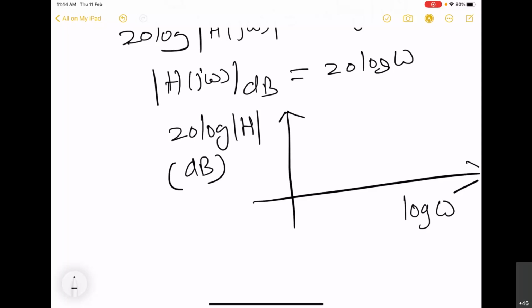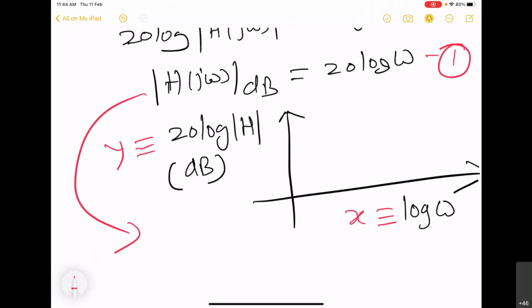Here you can see that this is equivalent to y, and this is equivalent to x. From this convention, we see that the equation we have obtained, equation number 1, gets reduced to y equals 20x.